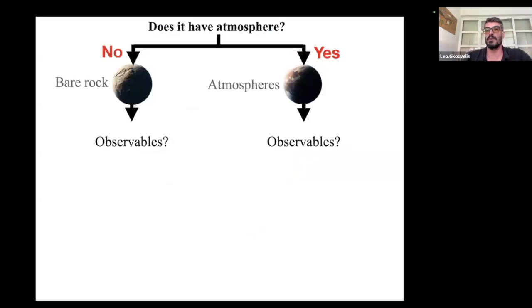So to solve this first question, where the state of the art is right now: if we take a given system that we want to observe, and we want to solve this degeneracy, we want to cover all the possibilities that this planet can host.